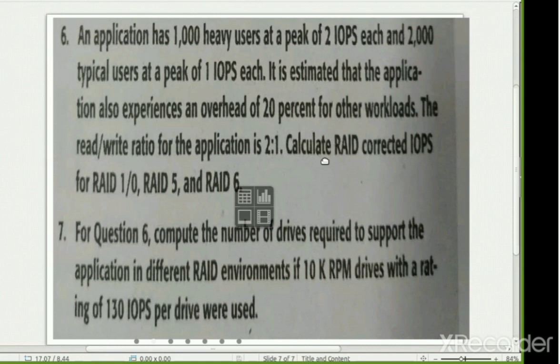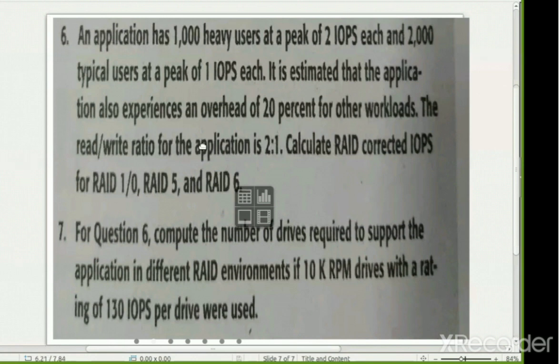So please remember, here they are having the total operations. You need to take into account the number of users and their input output per second, and also you have to calculate the overhead, because with more users they face more overhead, that is 20 percent overhead.